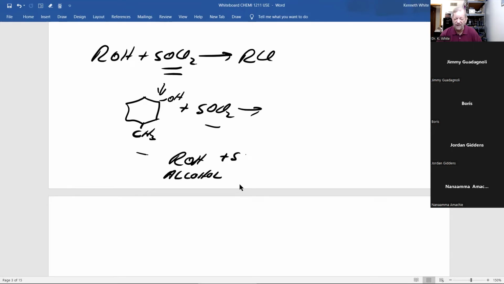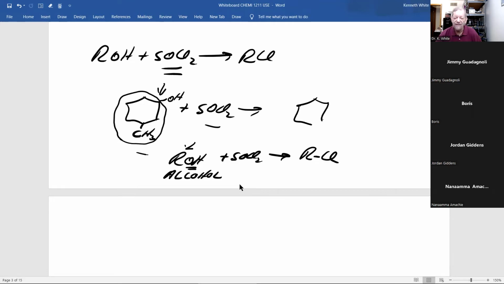We're reacting with thionyl chloride, and it replaces the hydroxyl group on the carbon that had the hydroxyl group with a chlorine. So what's my R group? And therefore, do I break carbon-carbon single bonds? No. And here's my carbon with my alcohol, this one, and general reaction, replace it with a chlorine. And I did.